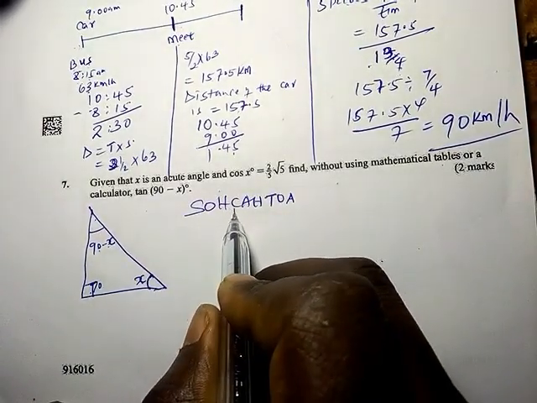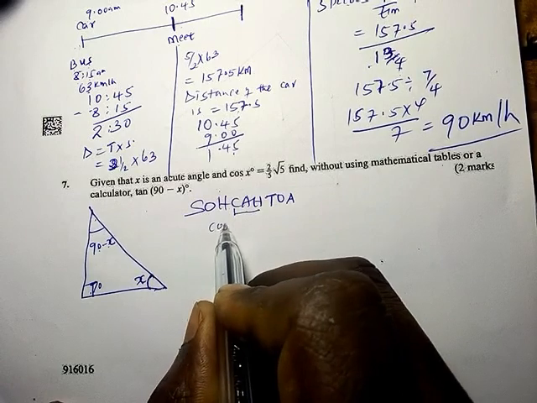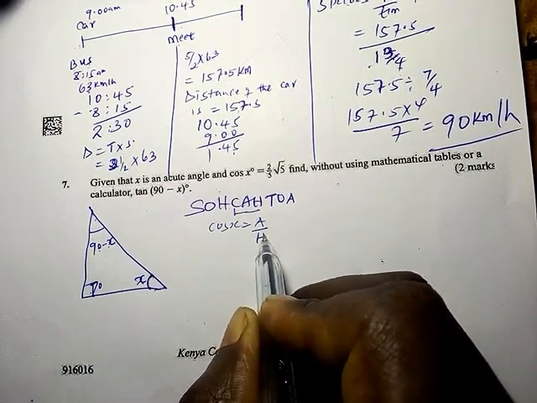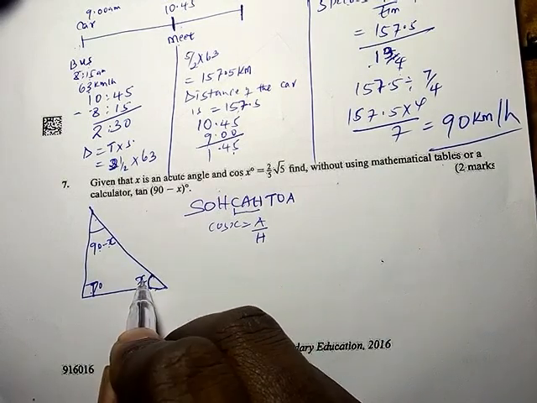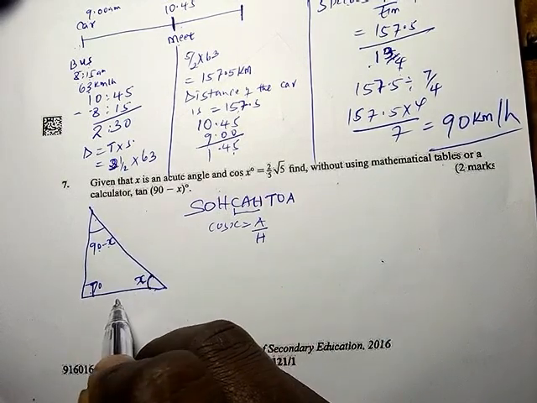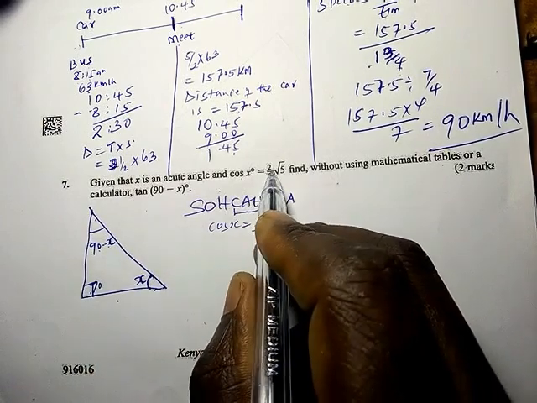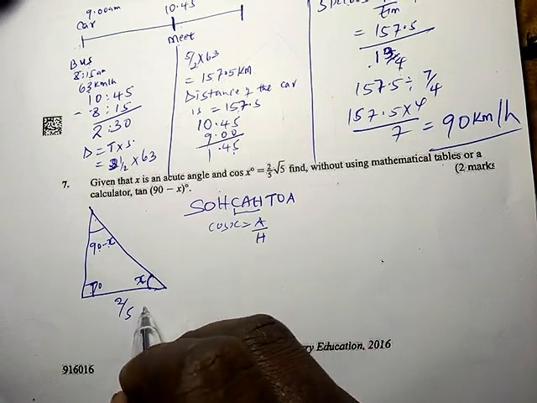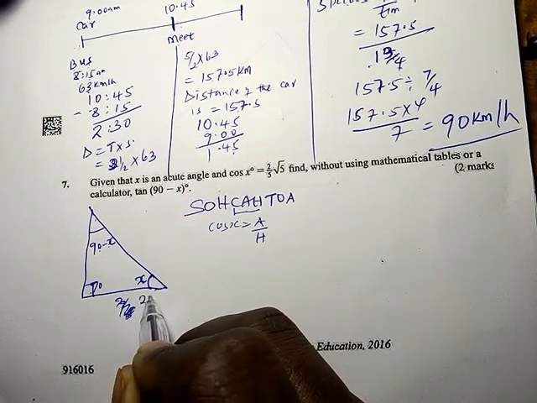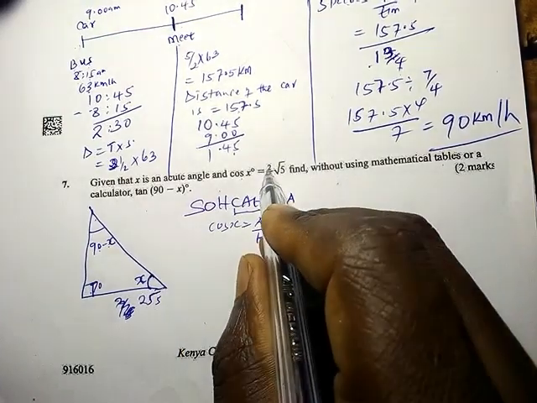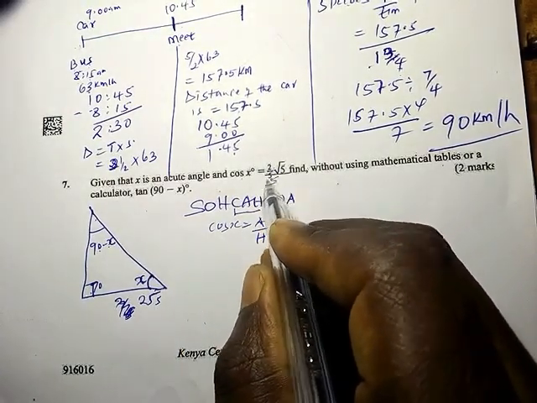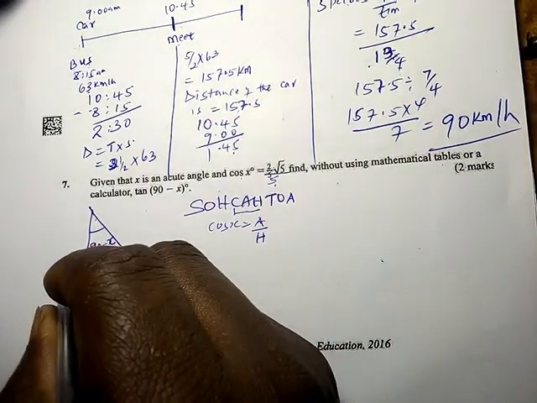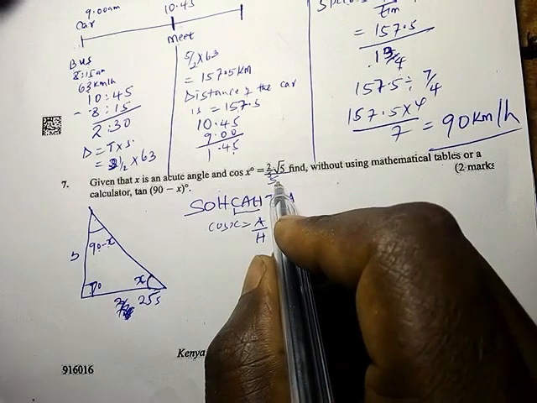So we are talking about the cos x. Cos x is equal to adjacent over hypotenuse. If we have x here, the adjacent of x is here, which is 2 root 5 over 5.